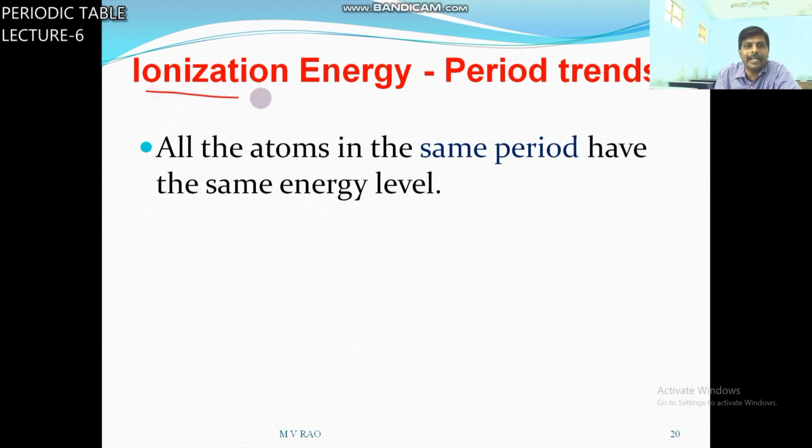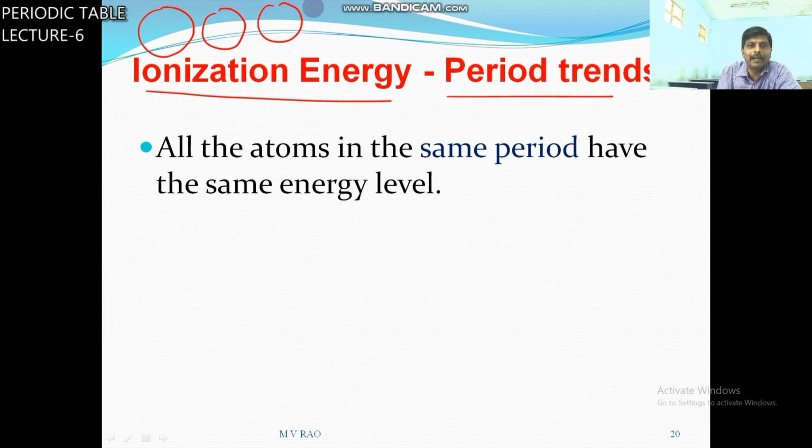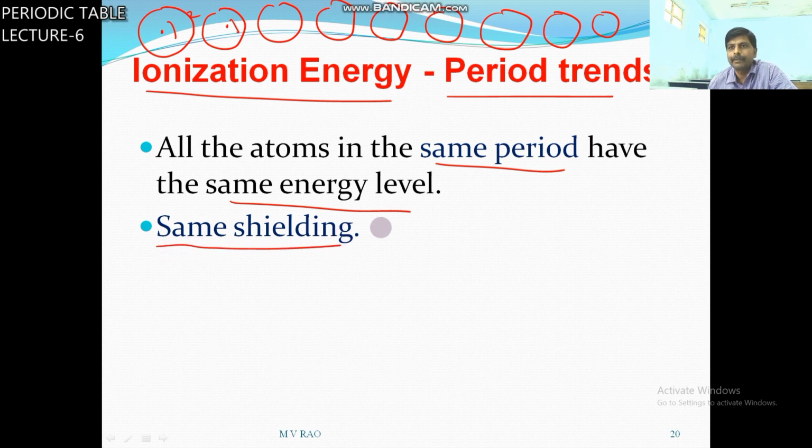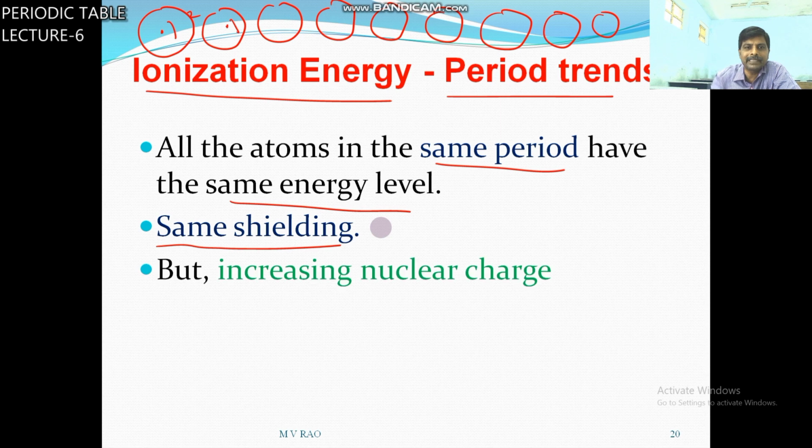But in a period, you take one period, second or third period, left to right, almost all elements in the same period have the same energy level. Second period means the second energy level is the last. Third period elements means third energy level. They have the same number of inner electrons, that means same shielding effect.